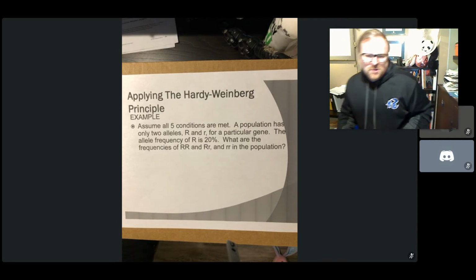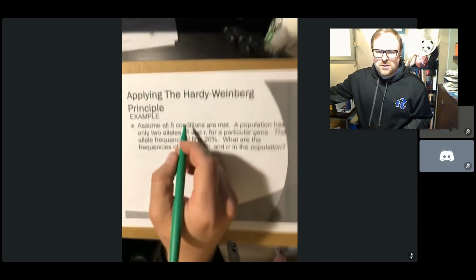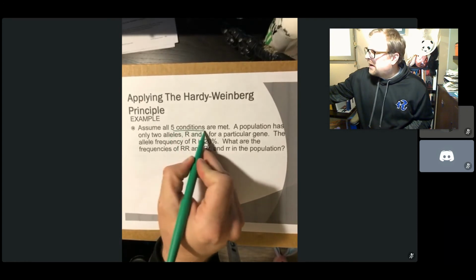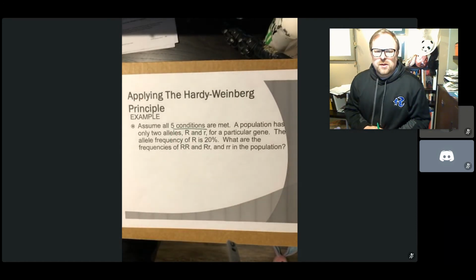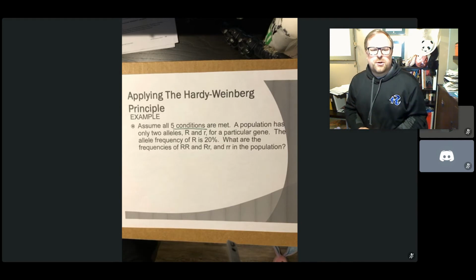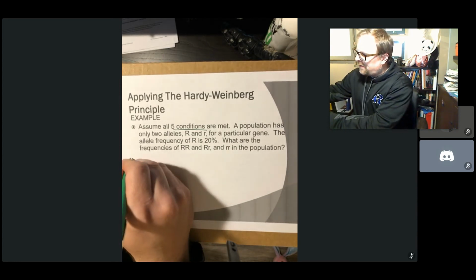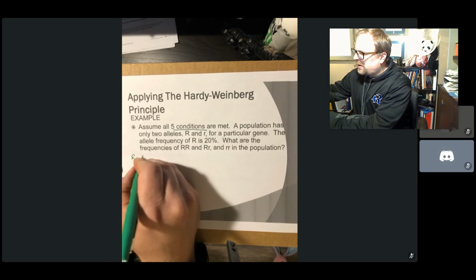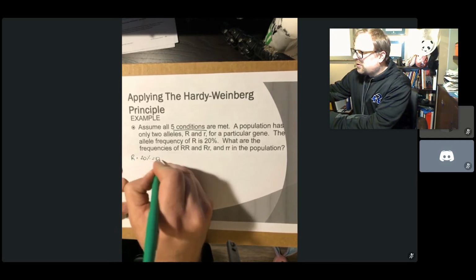So we're assuming that all 5 conditions of Hardy-Weinberg are being met. A population has only 2 alleles, a big R and a little r for a particular gene, and we know the frequency of big R is 20%. That's the same as 0.2.